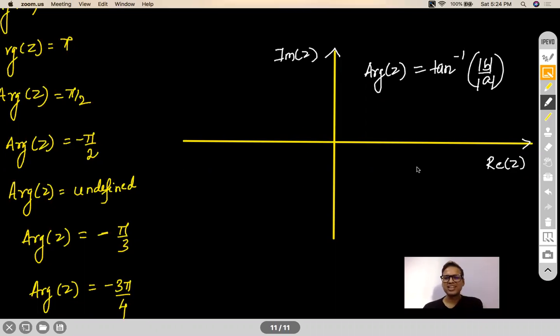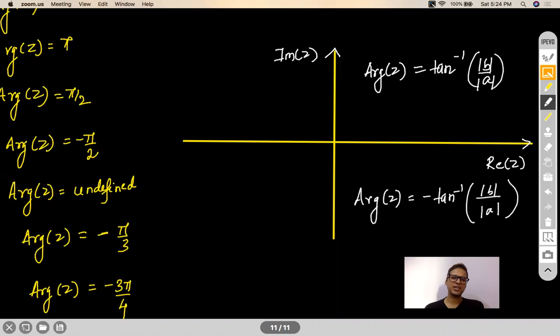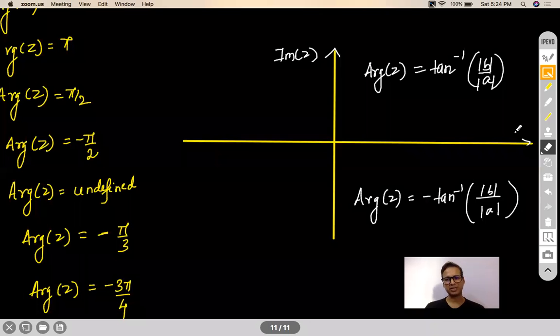If it is in the fourth quadrant, it is negative of tan inverse mod b by mod a. So you can find tan inverse of mod b by mod a, which would be an angle in the first quadrant only. Attach a negative sign, and that will give you your answer if your complex number is lying in the fourth quadrant.